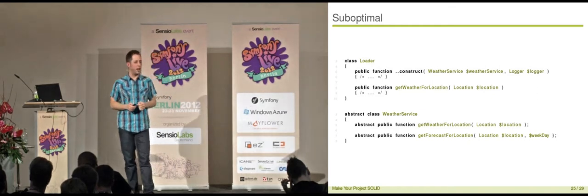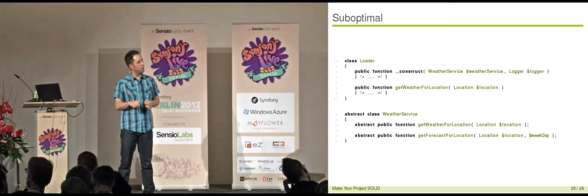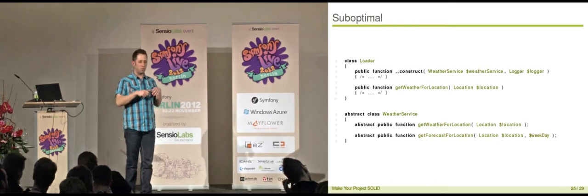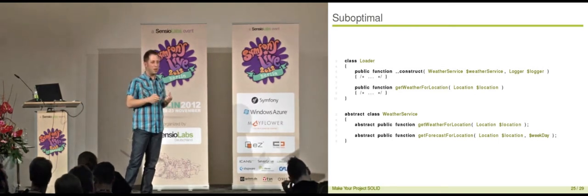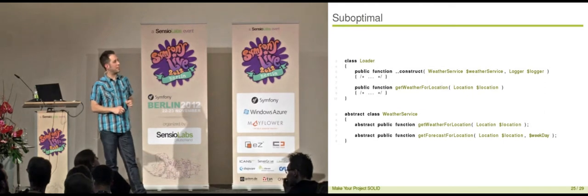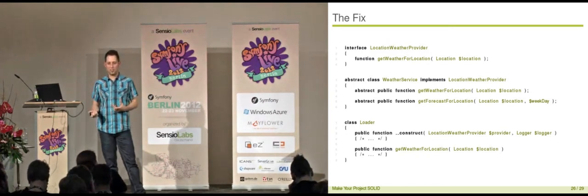So what the interface segregation principle says is, in that case, where you know that you only need partial functionality of some class, while the class implements a single concern for itself, you can split down sub-concerns of this class using interfaces. For example, in that case, we could invent an interface called Location Weather Provider, which only provides the weather and not the forecast.